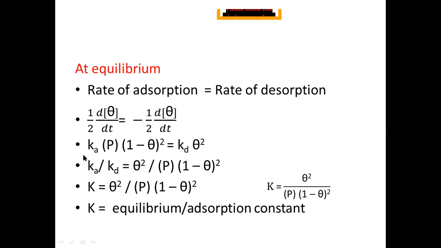So I am just replacing the ratio ka over kd, the rate constant for the adsorption and the rate constant for the desorption, and the ratio will be equal to the equilibrium constant, or we said this is the adsorption constant. So maybe in a simpler, more clear form you can represent it over here, where the numerator and the denominator are more visible as compared to this one.